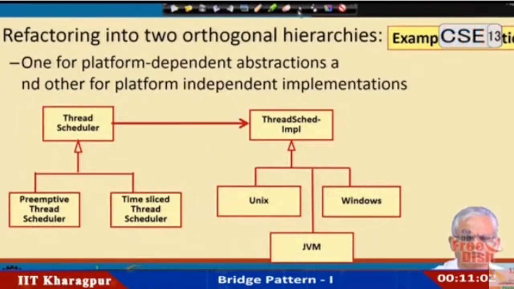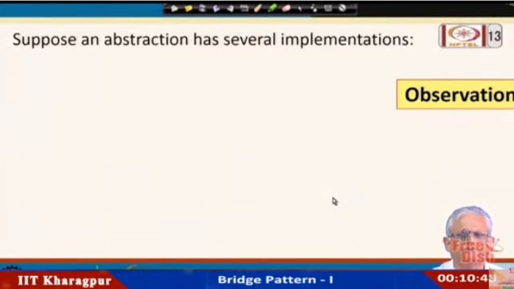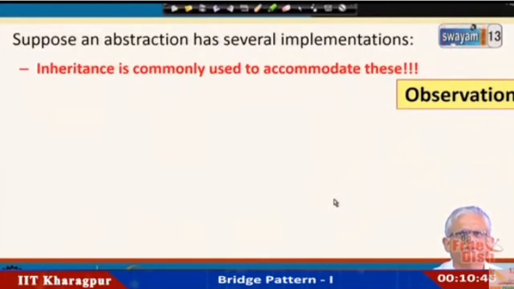Now let's look at one more example. Okay, before that, from our examples, let's make some observations. If an abstraction has several implementations, that is, we have defined some abstraction ideas for an application, but then it can be used on various platforms and so on, then the programmer is typically tempted to use inheritance to solve the problem.